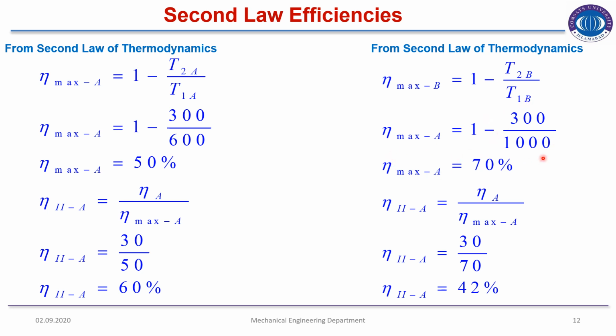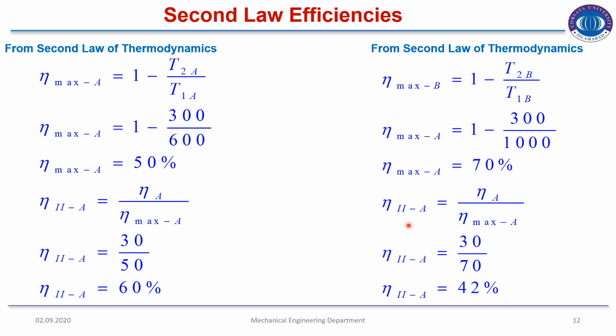Here TH for heat engine A is 600, and in heat engine B the temperature of the source is 1000. So the maximum reversible thermal efficiency for the reversible engine is 70%. That's how we have calculated it.